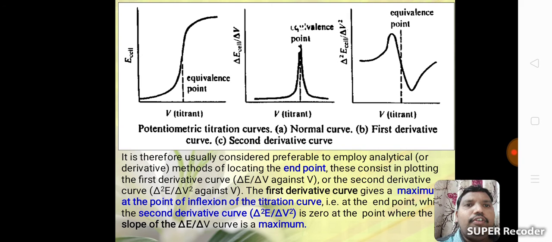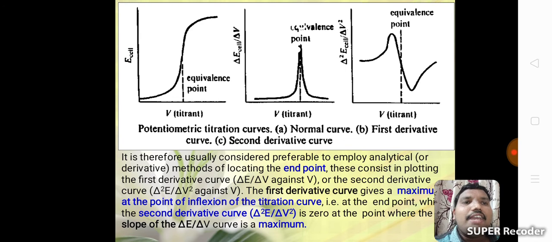It is therefore usually considered preferable to employ analytical methods of locating the endpoint. These consist in plotting the first derivative curve, delta E by delta V, against volume of titrant, or the second derivative curve, delta square E by delta V square, against volume of titrant.